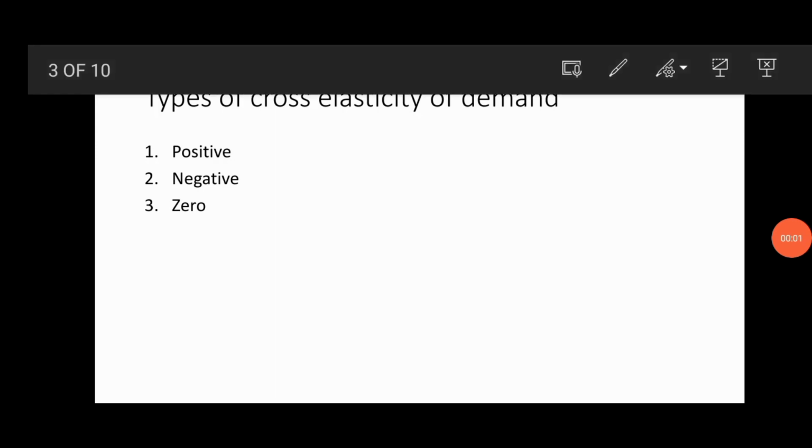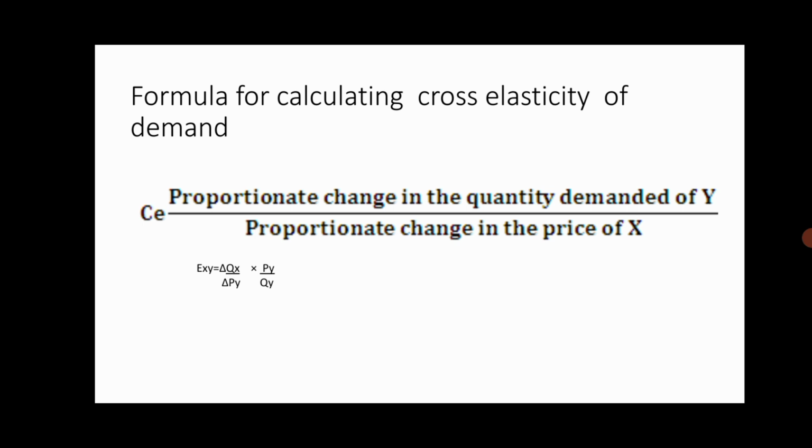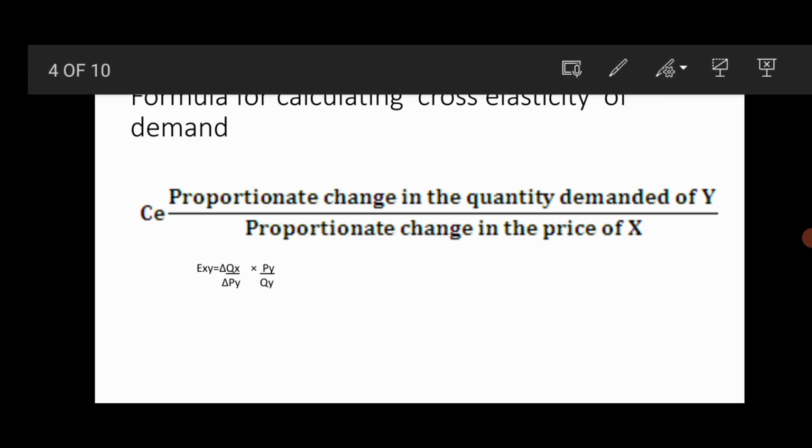When it comes to the types of cross elasticity of demand, as we already discussed, there are three types: positive cross elasticity of demand, negative cross elasticity of demand, and zero cross elasticity of demand. Before going to that topic, we will see the formula for calculating cross elasticity of demand.